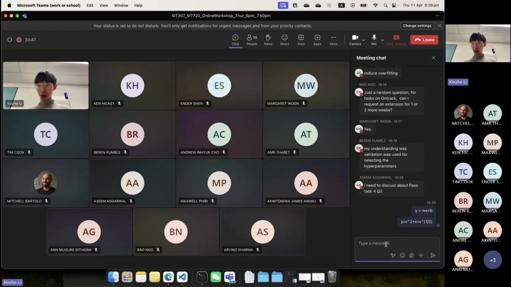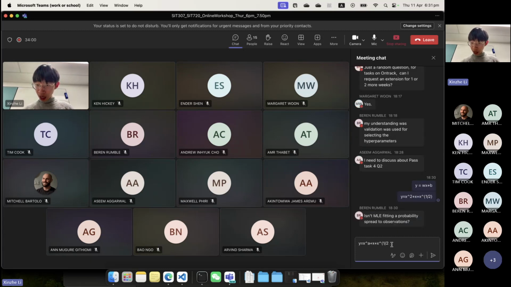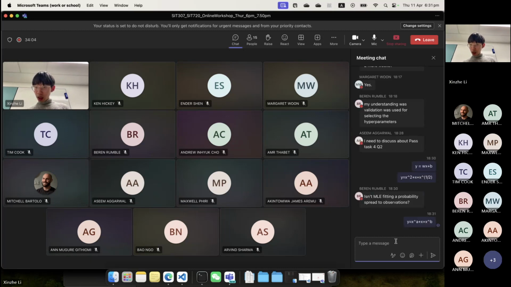This is also a functional form, but here I already gave the parameters. Let me remove the parameters and make the parameters unknown. Maybe this becomes A, and here it becomes B. Now we have parameters A and B.